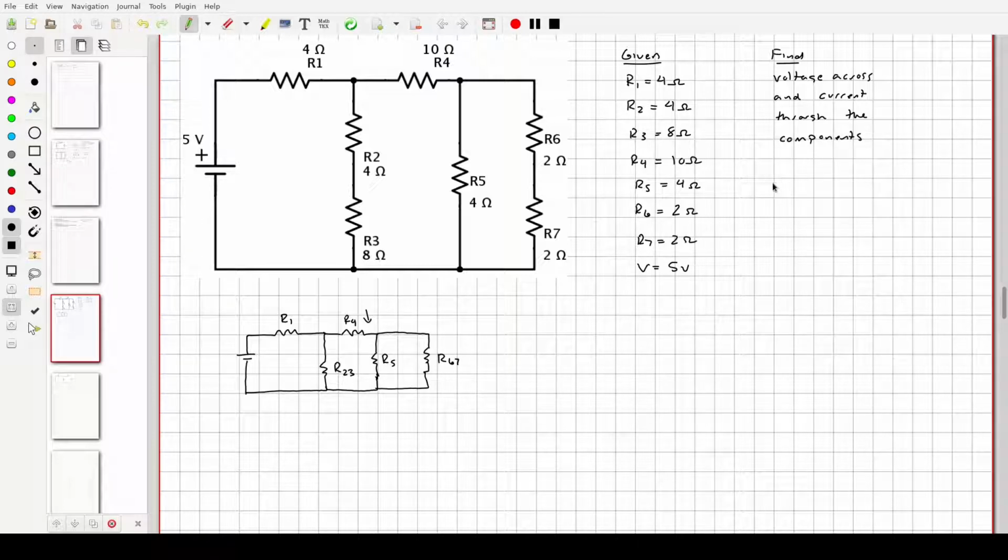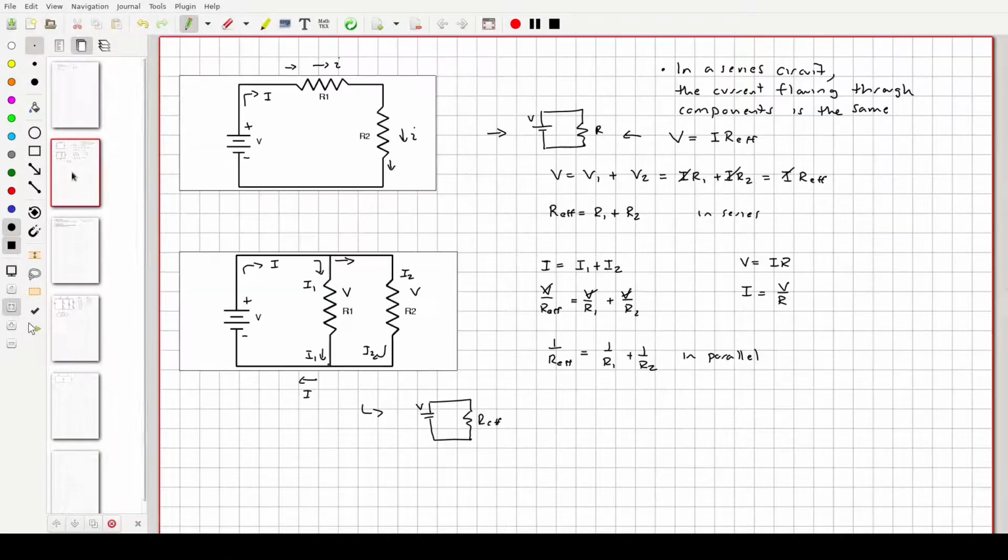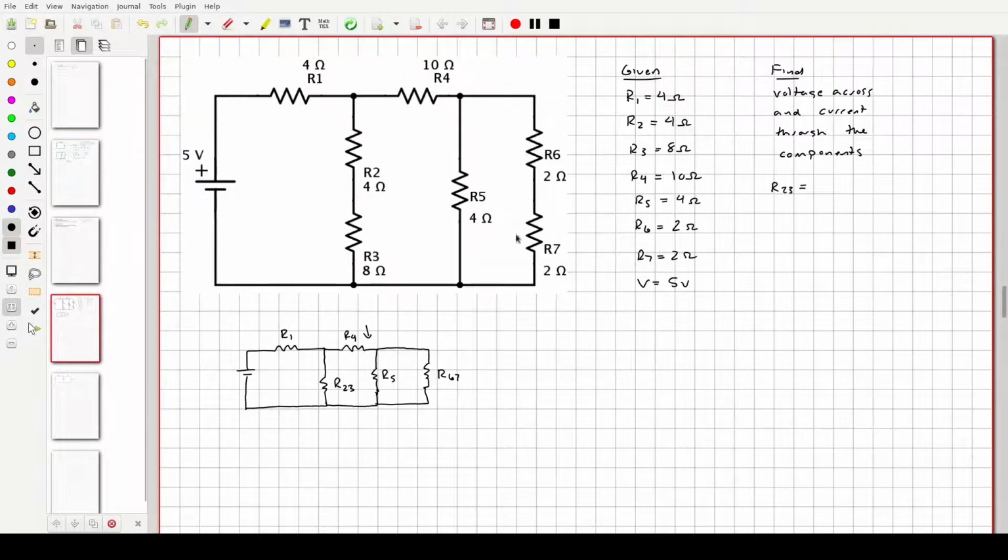Okay, so just for notes here, R2,3 are resistors added in series, and we know here that when you add resistors in series, you just add them together. So R2,3 is going to be R2 plus R3, which is going to be 4 ohms plus 8 ohms, or 12 ohms.